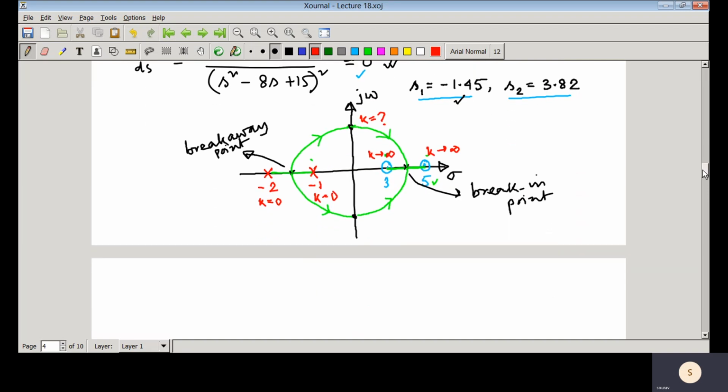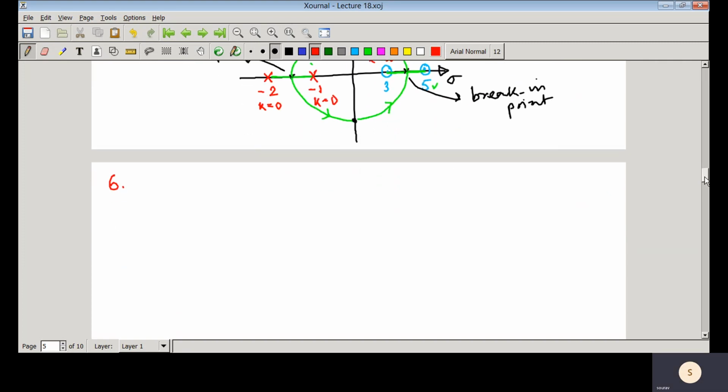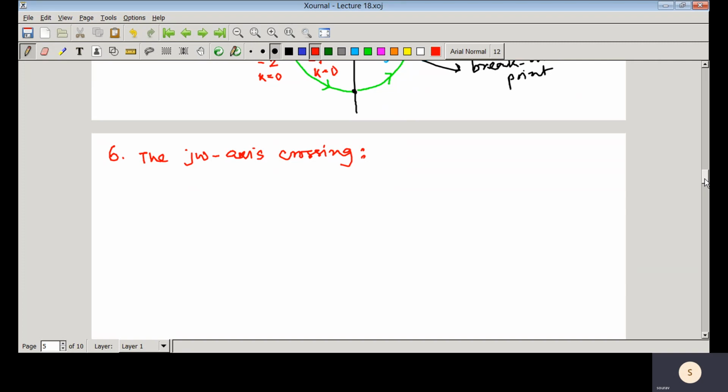So this is rule 6, the j omega axis crossing. For finding the j omega axis crossing, we need to apply the Routh-Hurwitz criterion, and from the Routh table we will be able to find the value of K and the point at which they cross the imaginary axis.